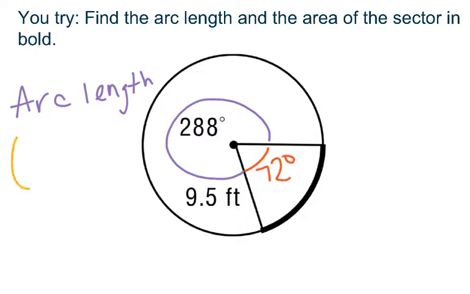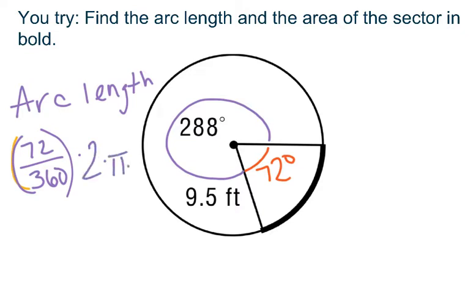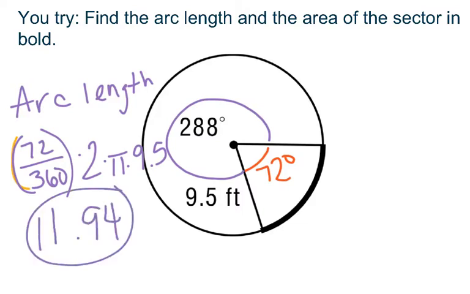So the arc length formula, I don't know why I chose yellow. Let's do 72 out of 360, out of a total circle. And then I'm going to times it by the circumference formula. So times 2 times pi, and then I want to times it by r, which is 9.5. So I got 11.94. Okay?